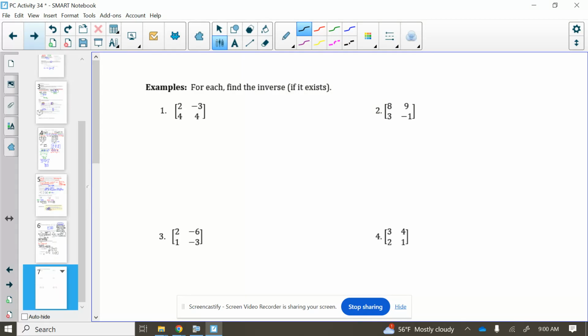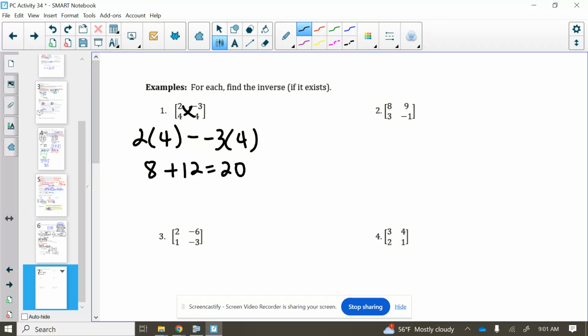All right, so again, we want to be able to find the inverse of the matrix. Does it actually exist? What is it? For this first one, A times D minus B times C, we end up with 8 plus 12 for a total determinant value of 20.